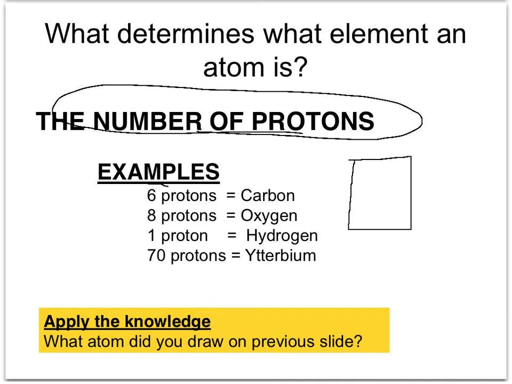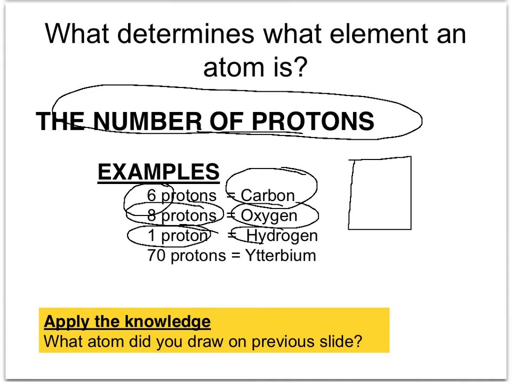So 6 protons is always going to be carbon. 8 protons, always oxygen. 1 proton, always hydrogen. Okay? And we find that number on the top of the periodic chart at the top of every box. So the top here always tells you how many protons an atom has, and that tells you the kind of atom that it is.